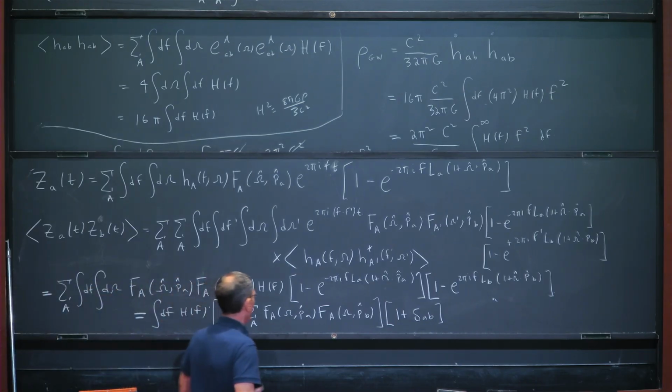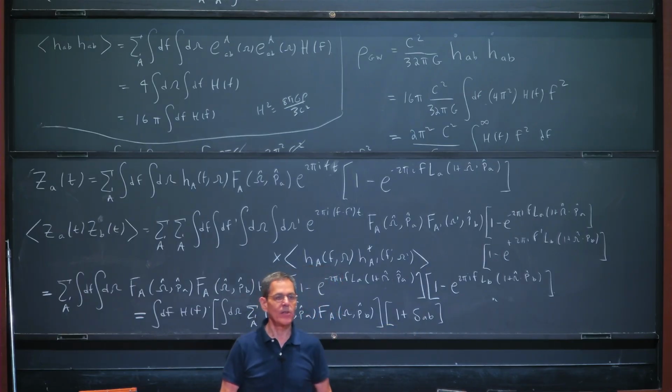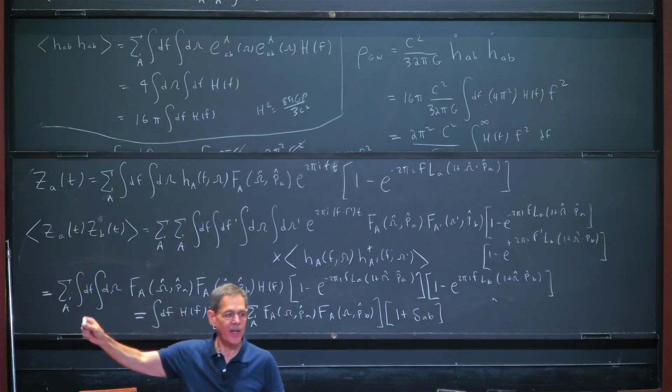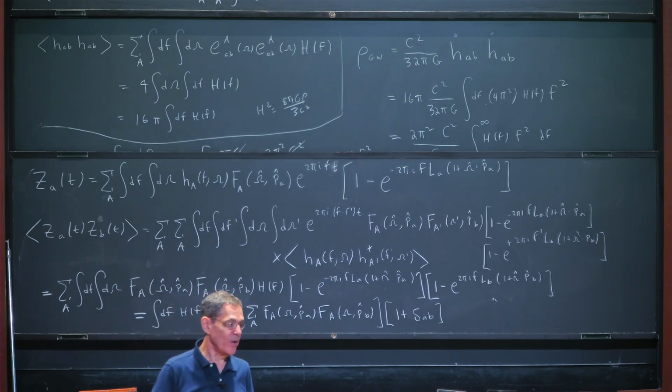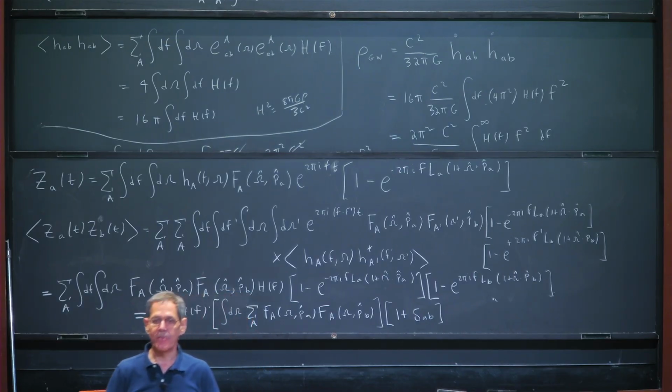So strictly speaking, this 1 plus delta AB only holds under the assumption that the pulsars are far away from each other compared to the coherence length of the radiation, and that they're also far from the Earth.